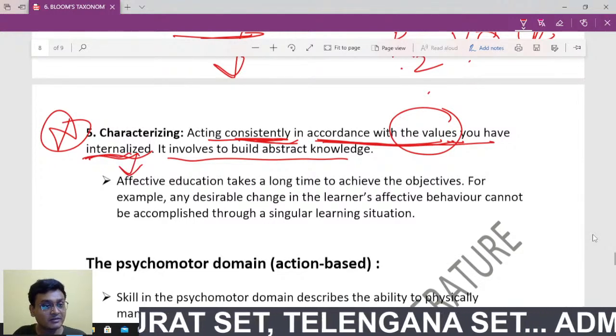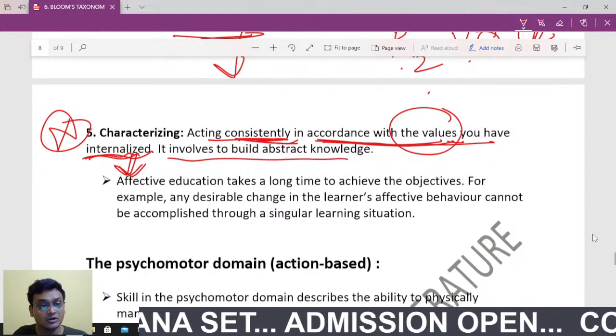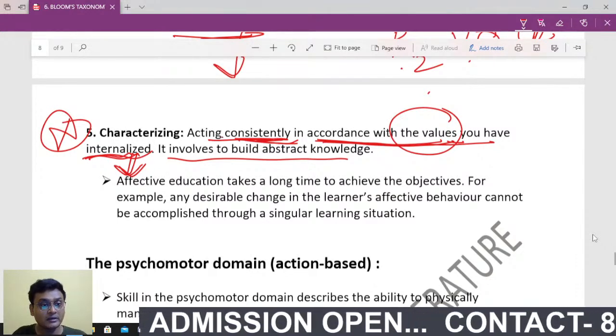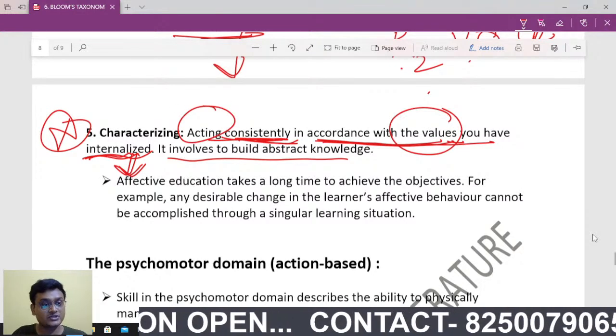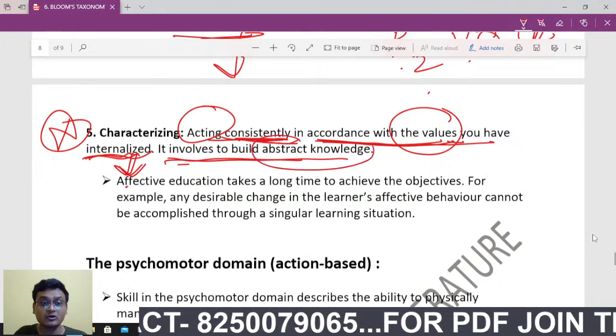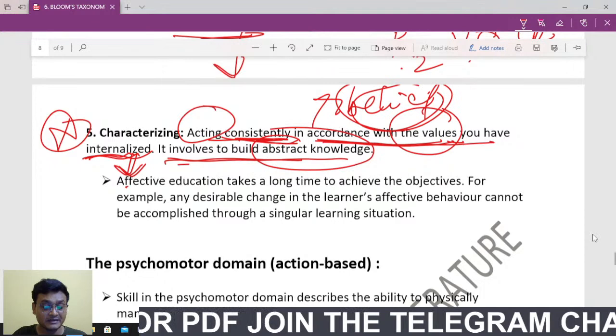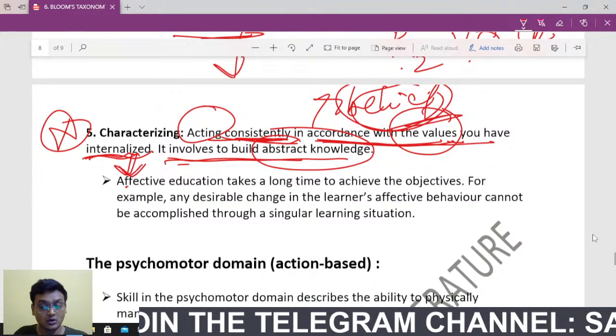जो values अपने अंदर गया है, जो belief system अपने अंदर create हुआ है, ठीक है, उसके वजह से, उसके तरीके से तुम क्या कर रहे हो? You are acting. Okay, so affective, it involves to build, क्या करता है? Abstract knowledge, यानी belief system को create करने में help करता है. That is characterization. Okay.